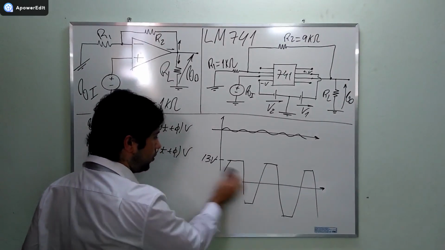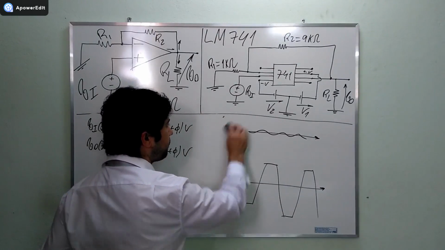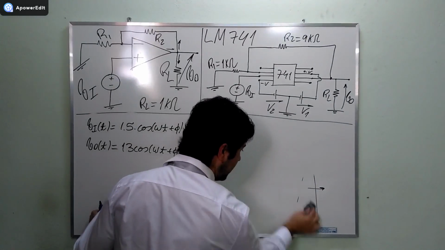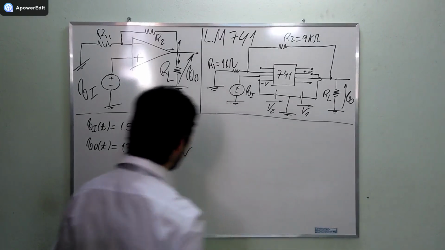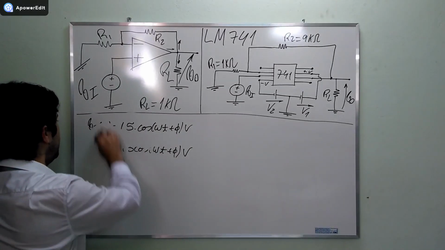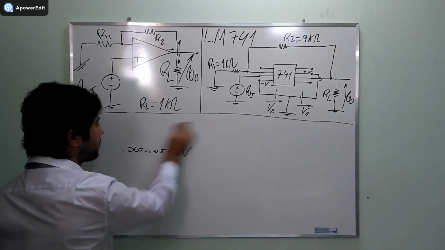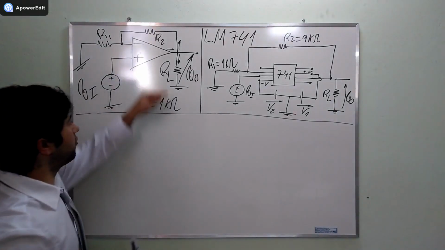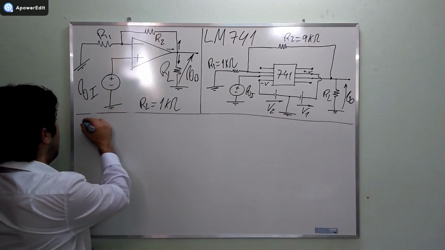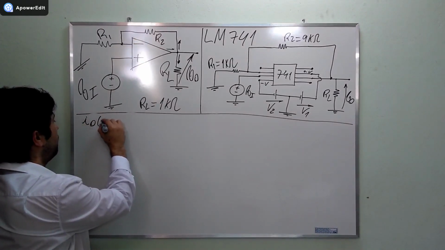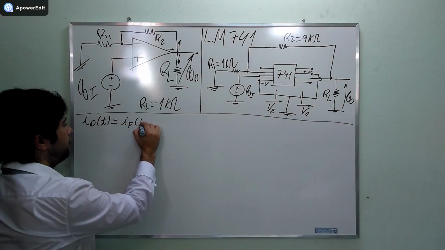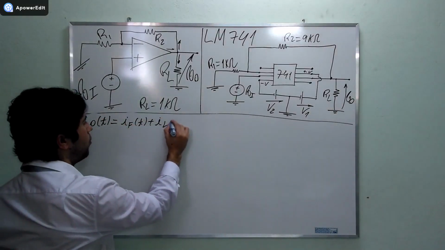Okay, now that we know this, we are going to calculate the currents that will flow in the device. Out of the device, this current here, I0 of t, will be IF of t plus IL of t.